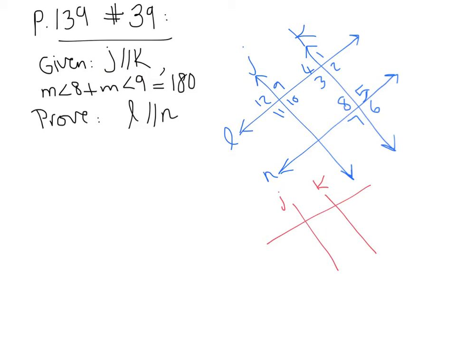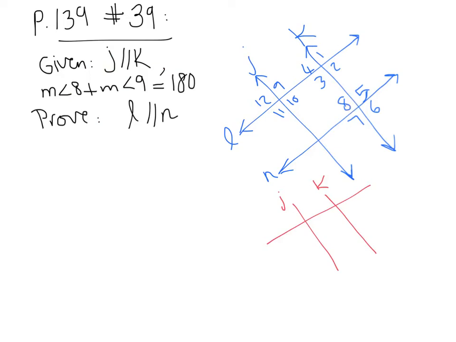all the different angles, but really they want us to work with 8 and 9, and we have to find a bridge angle. So if we look at the original picture, we have 8 and 9, and we have to find an angle in between.